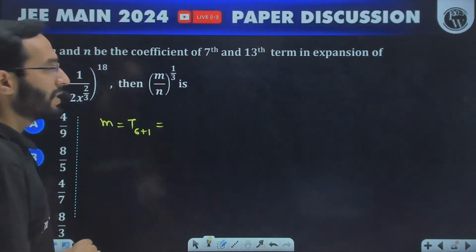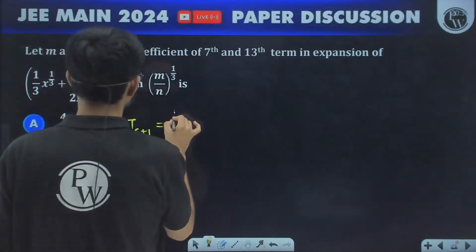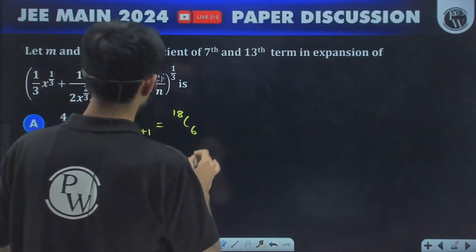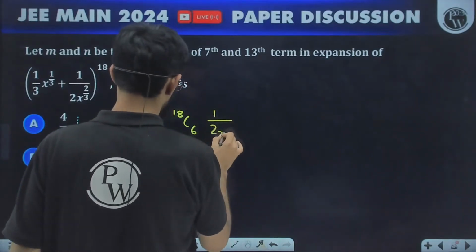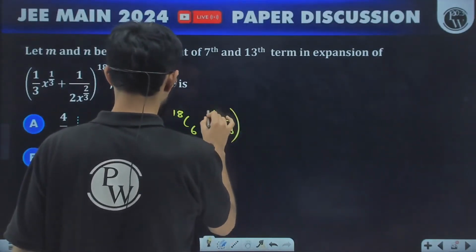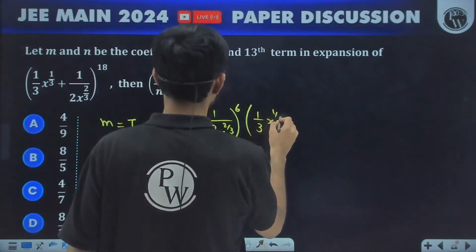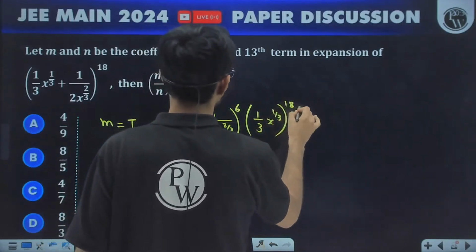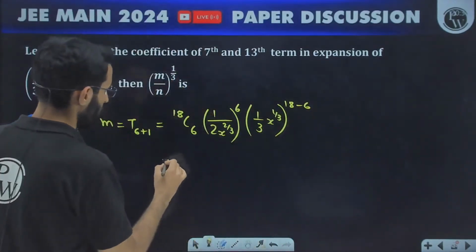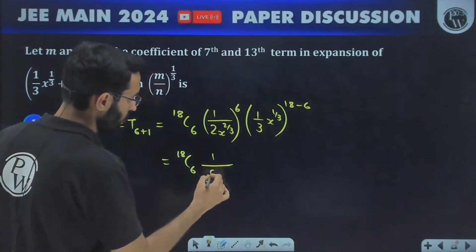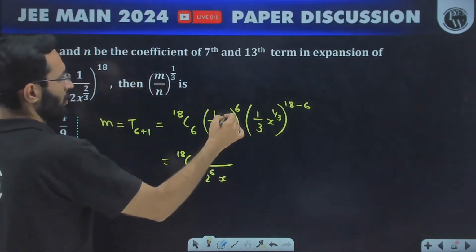So that is nCr. What is n? n is 18. 18C6, b to the power 6, 1 upon 2 times x to the power 2 by 3 to the power 6, 1 by 3 x to the power 1 by 3 to the power 18 minus 6.